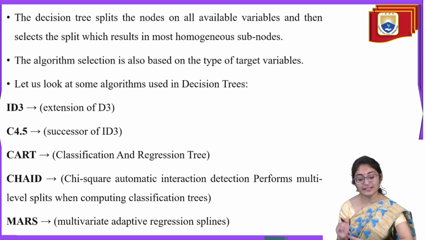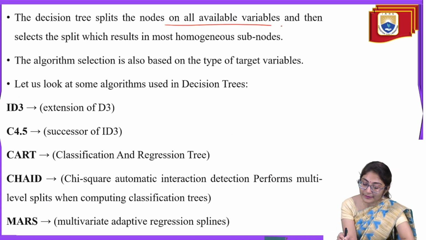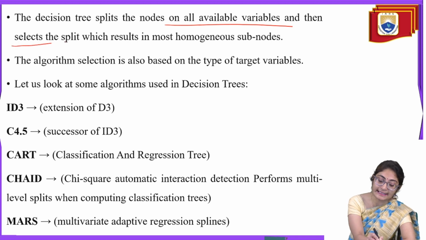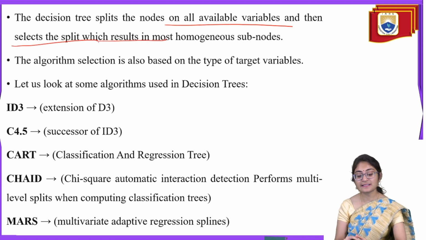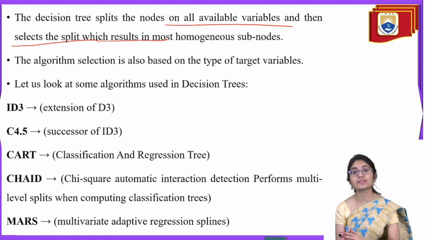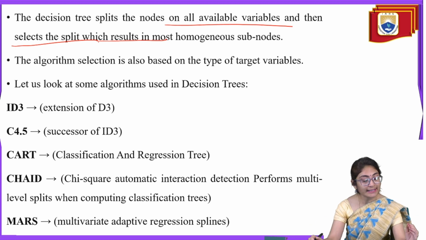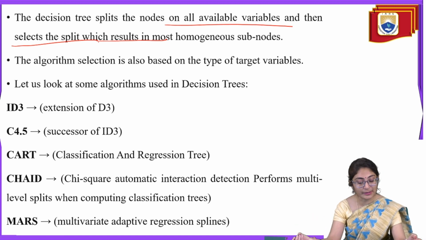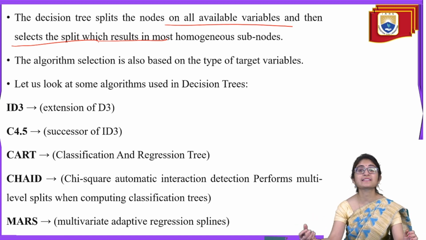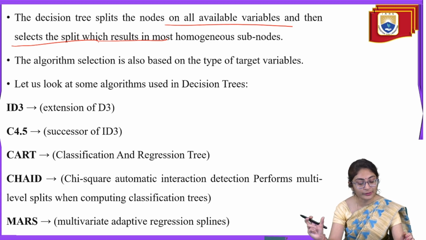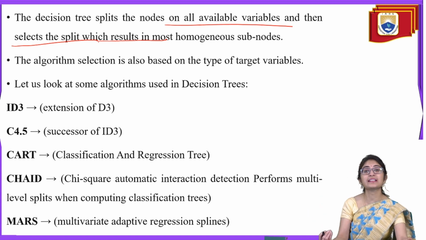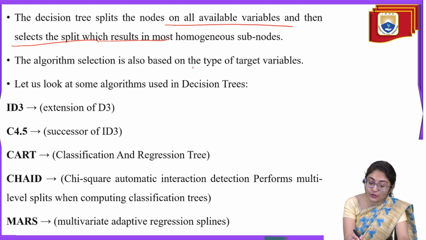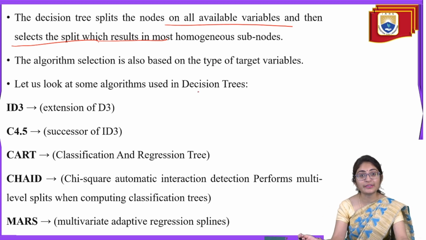The decision tree splits a node on all available variables and then selects the split which results in the most homogeneous sub-nodes. The algorithm selection is also based on the type of target variable.